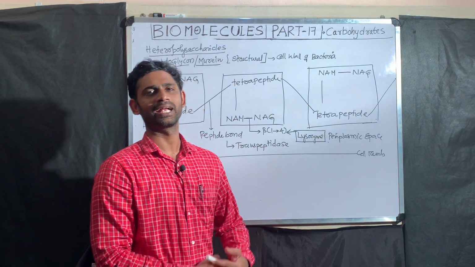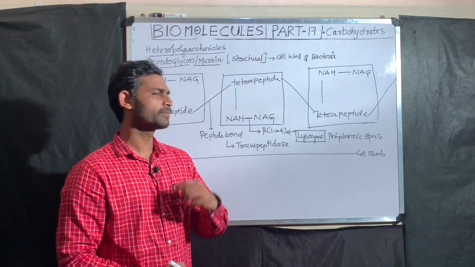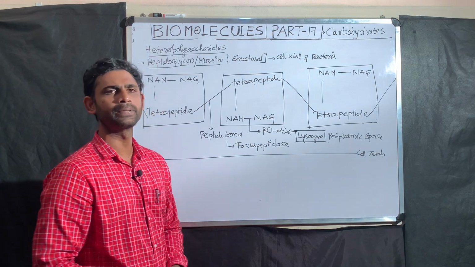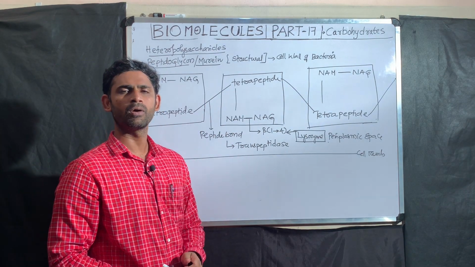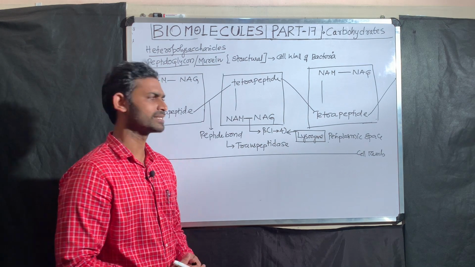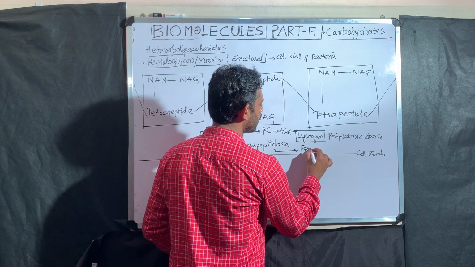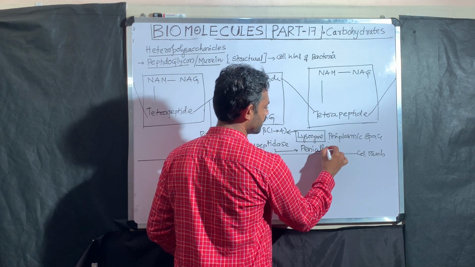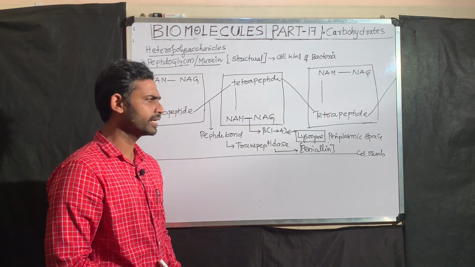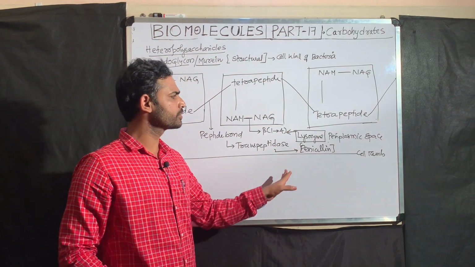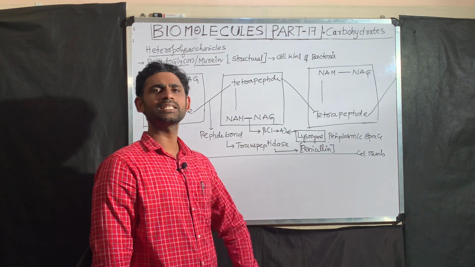The second and last important point to remember for peptidoglycan is transpeptidase. This enzyme is solely responsible for the formation of peptide bonds during peptidoglycan synthesis. Transpeptidase is inhibited by the antibiotic penicillin. When we use penicillin, it diffuses into the periplasmic space and inactivates the transpeptidase.